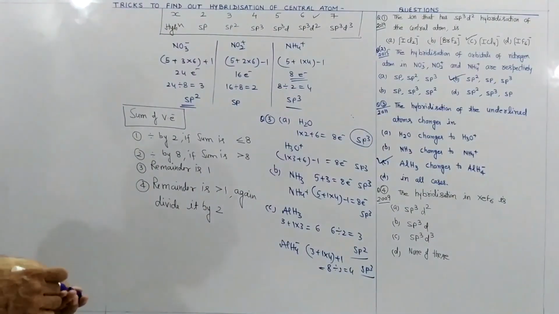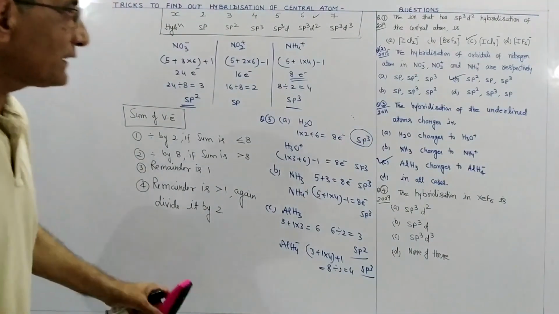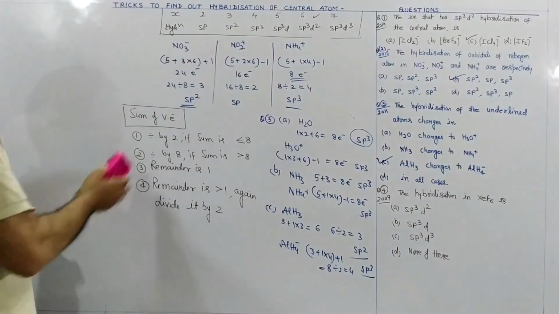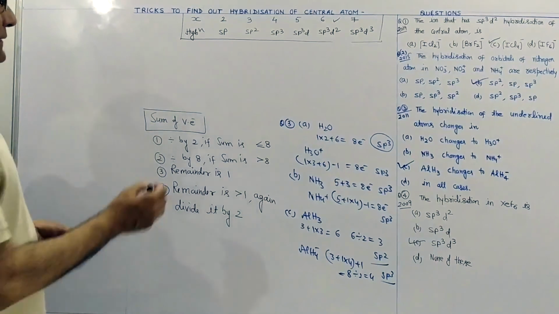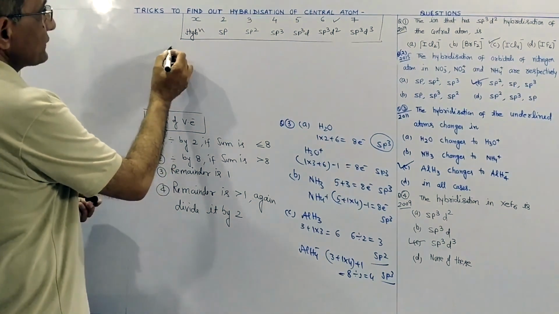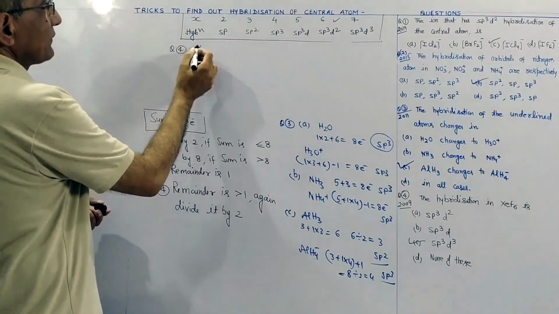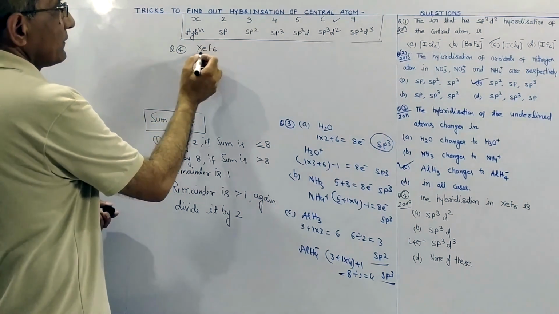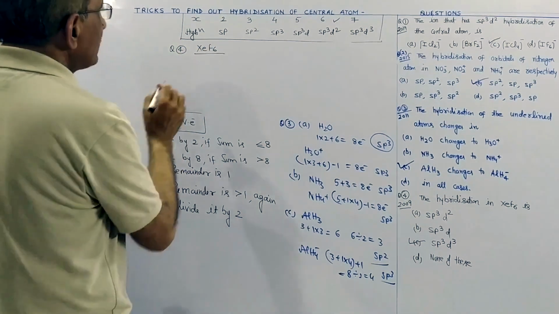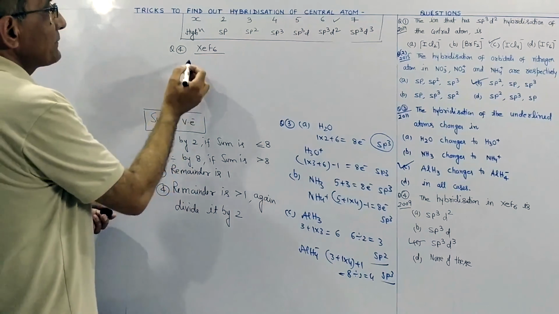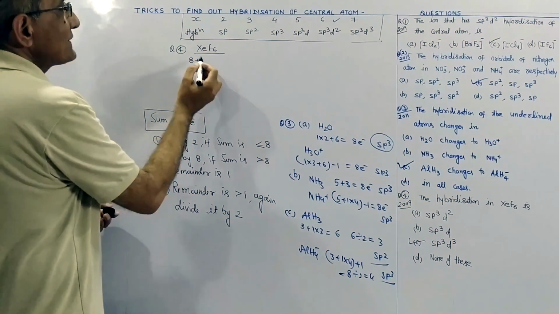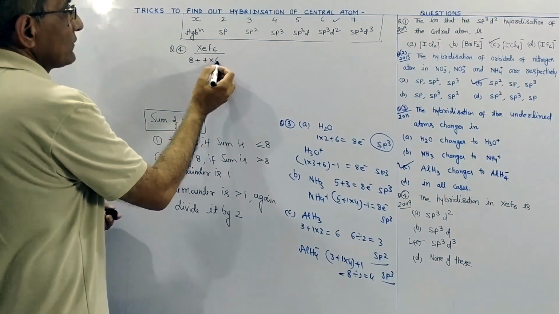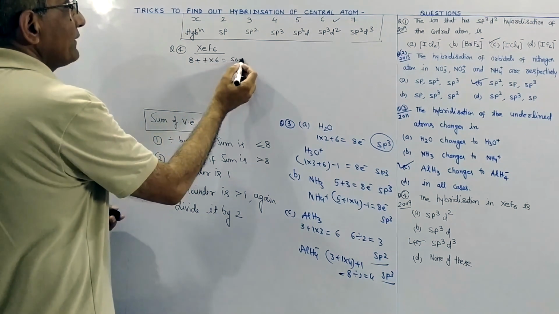Now we will do this last question students. Hybridization in XeF6. This we have to find out. In XeF6 students, that is question 4. Xenon is present in group 18, noble gas. It possesses 8 valence electrons. Fluorine is halogen, 7 valence electrons. So total electrons will be 50.